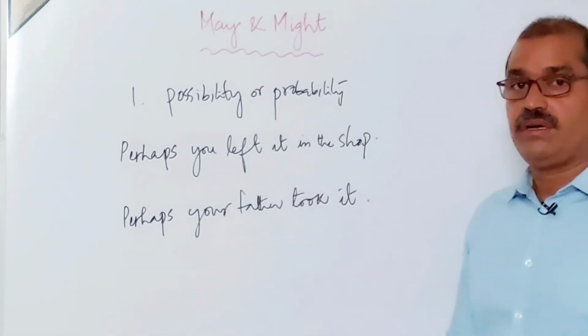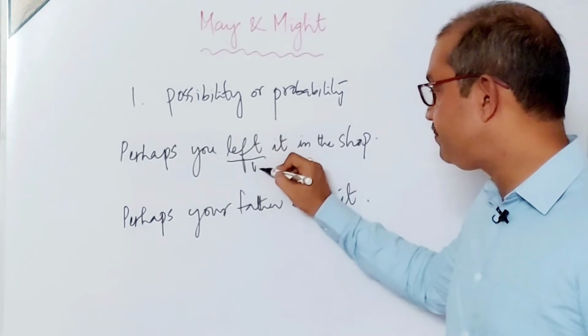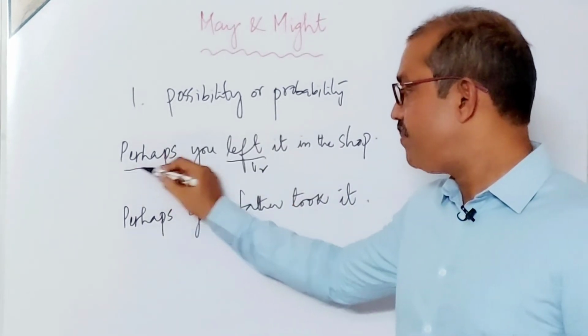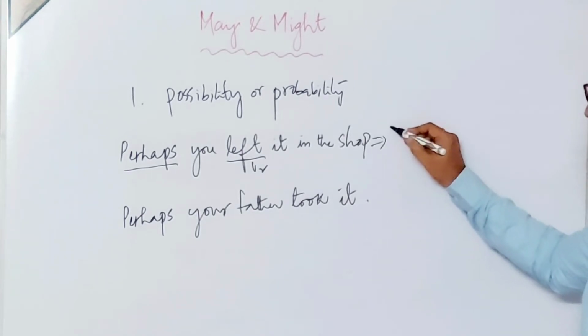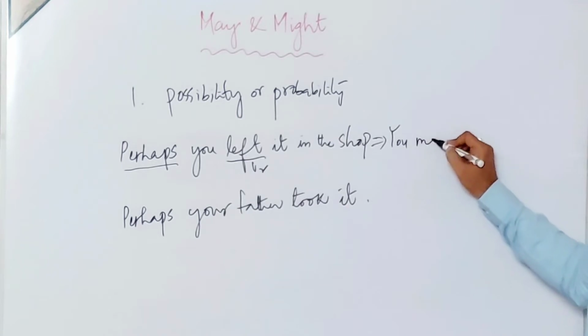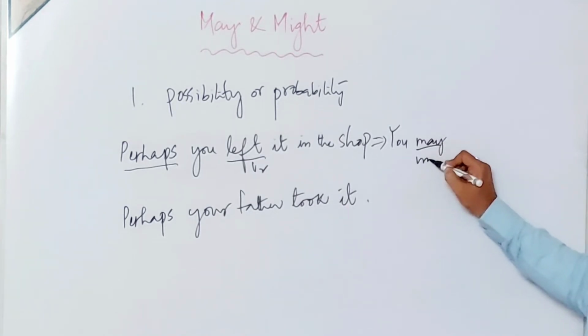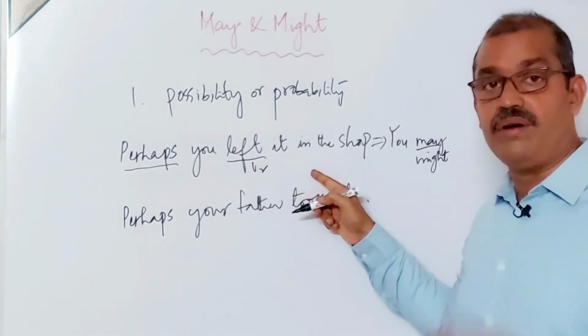Look at the first one. Perhaps you left it in the shop. Here we have used V2 form. So instead of perhaps, you can use may or might. So look at this. Instead of perhaps, you say you may or might.